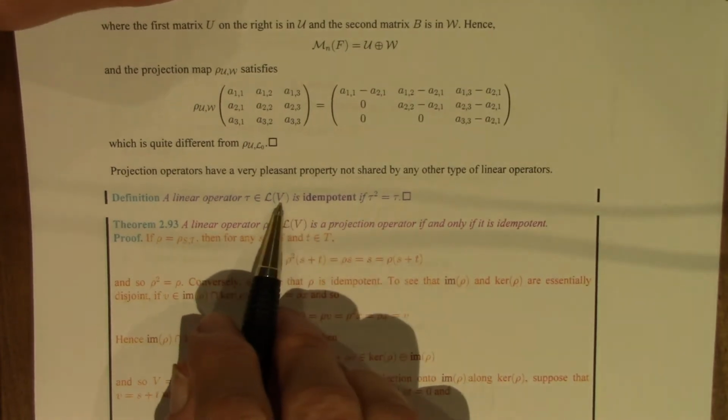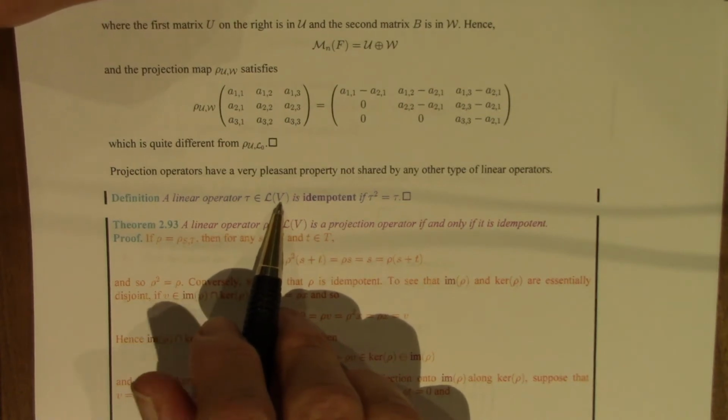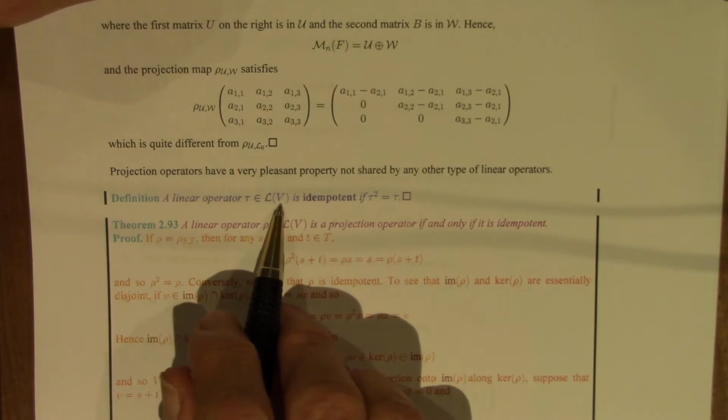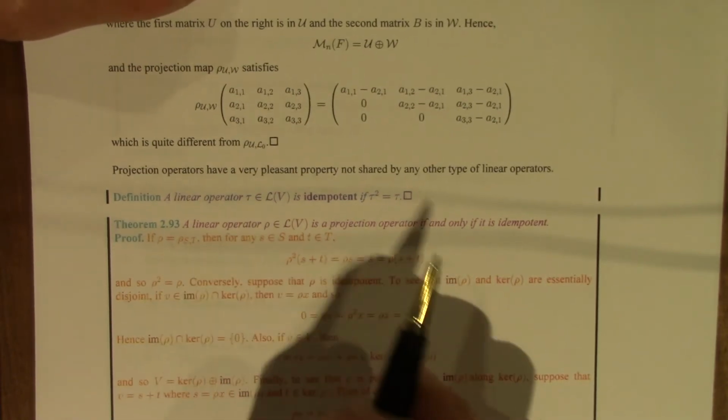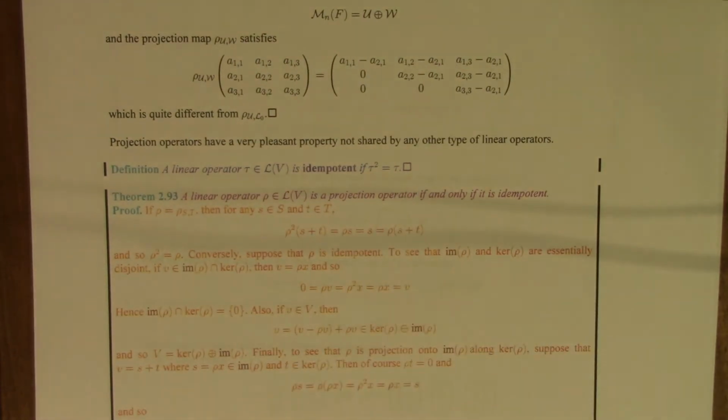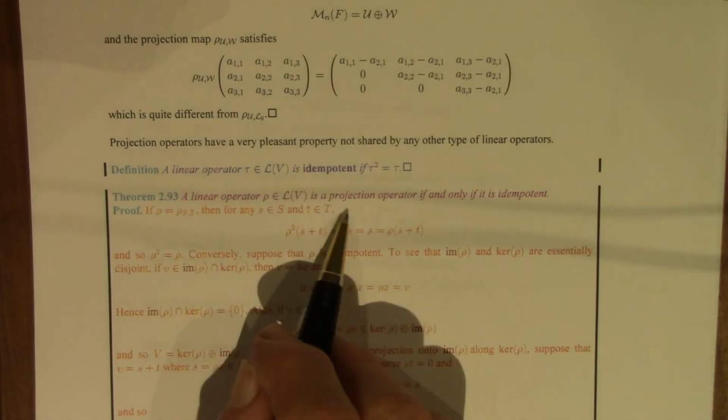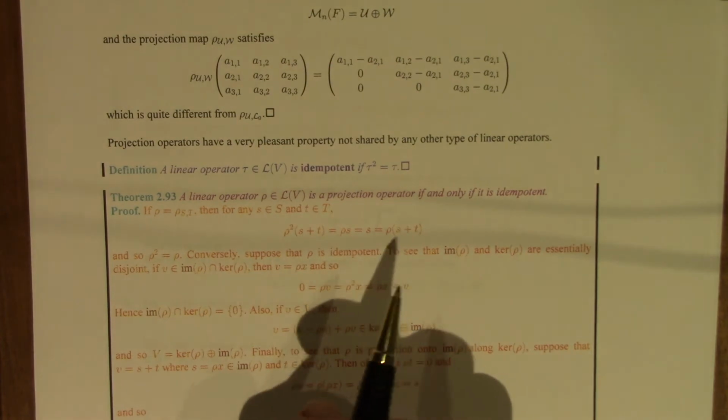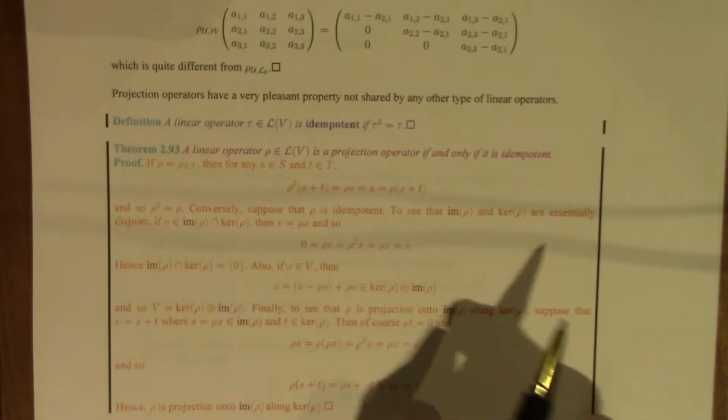This definition applies to operators on any vector space, finite or infinite dimensional. But we're going to eventually be using these in the finite dimensional context. But for now, unlike the discussion of matrix representations, this applies to arbitrary vector spaces.